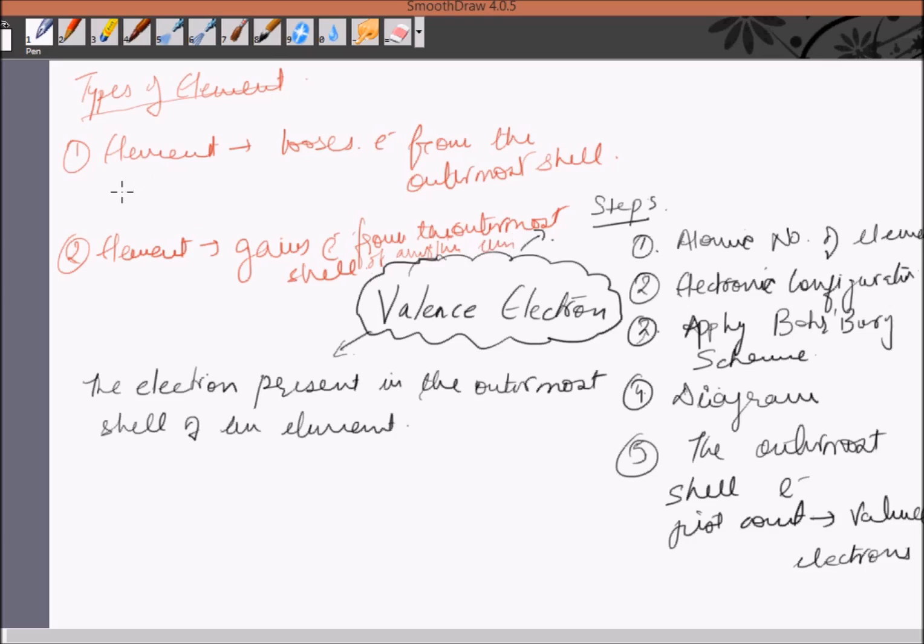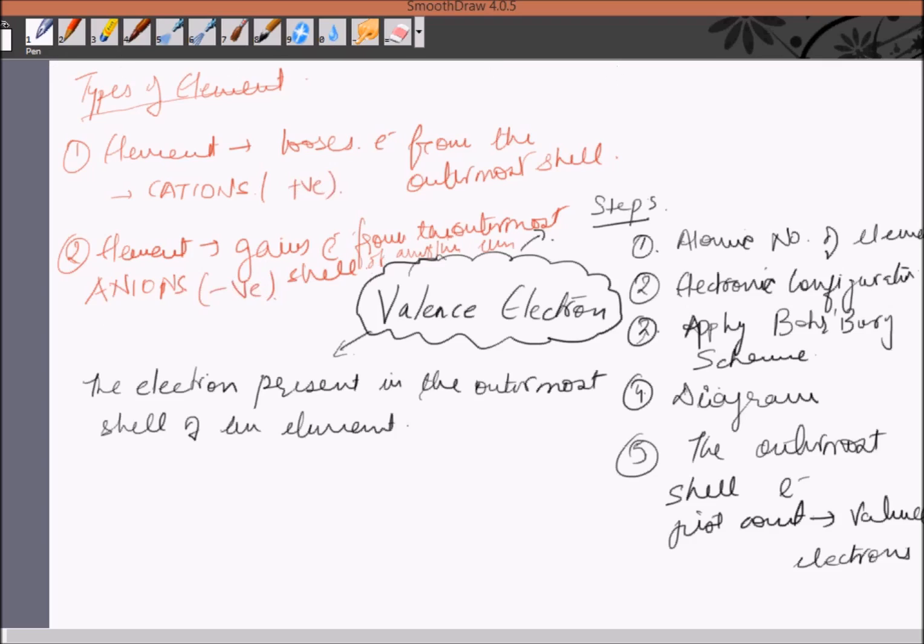So in the first type, these are called cations and these are called anions. They're actually converted into ions. This one with the positive charge on it, and this is with the negative charge.